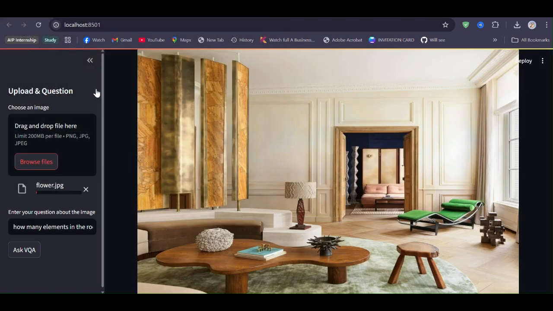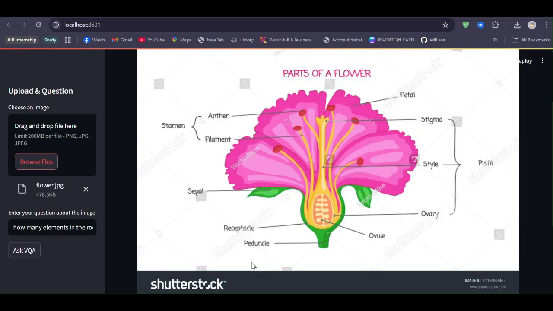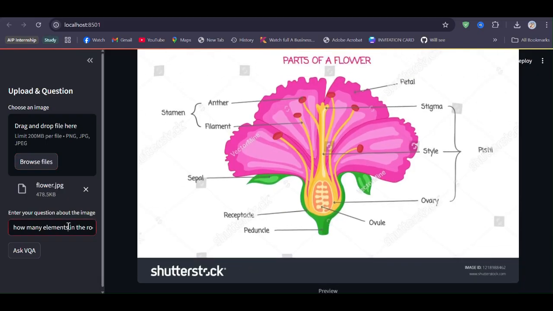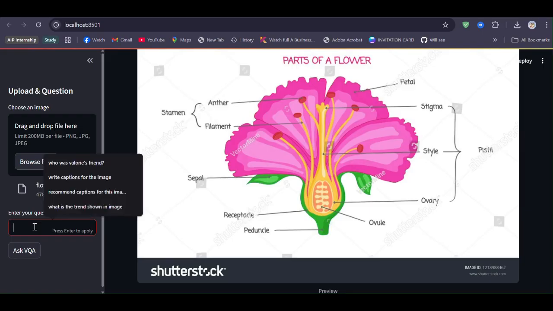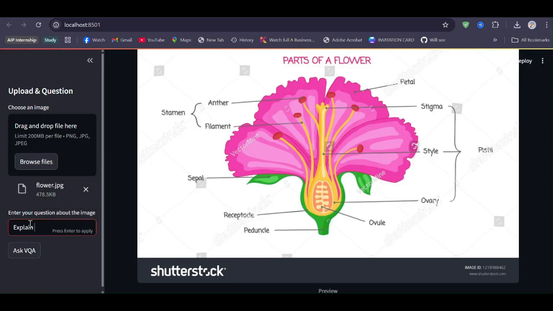So this was the first advantage or first application of the VQA. It could detect and identify objects. For the second one, let's take another picture. You must be wondering how it is useful in the educational world. So yes, there are uses. You can send a diagram to it and it would explain it to you. Let's take the diagram. Here you can see it is a flower diagram, showing the various parts of the flower.